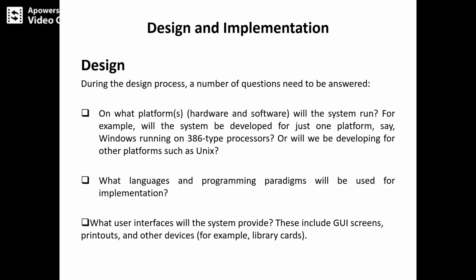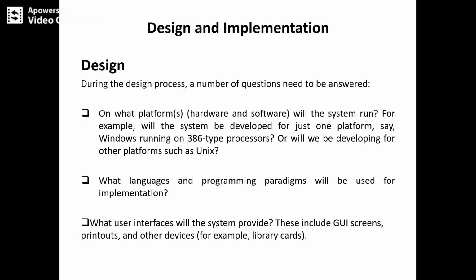During the design process, a number of questions need to be answered, so we need to keep them in our mind. Whatever questions will be asked while designing. First, the platform. This is an important thing, hardware or software part: where are we going to implement the actual software system, where exactly will the system run?